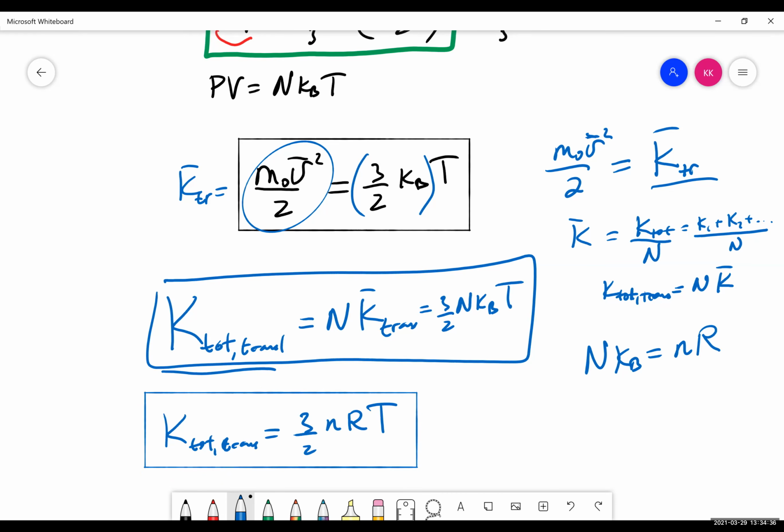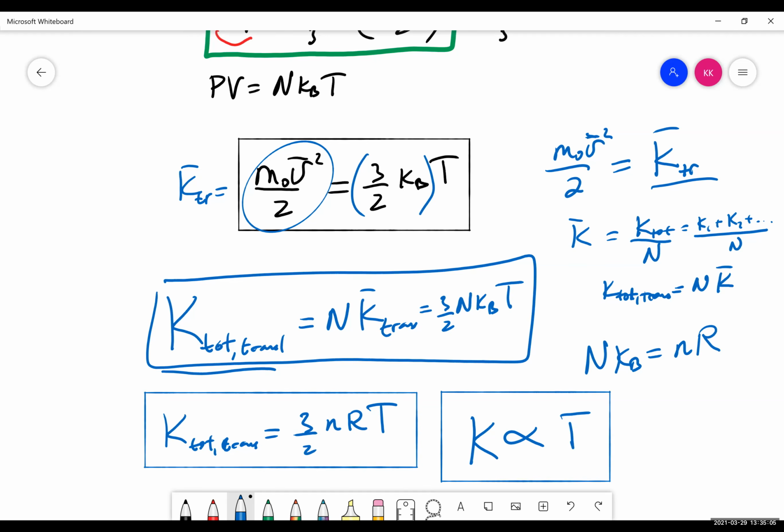In any case, this shows that kinetic energy is proportional to the temperature. Obviously, hotness and coldness is not really the correct way of looking at temperature, but temperature is an interpretation of the molecular speed of your system.